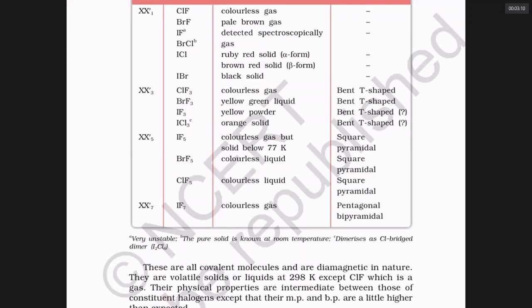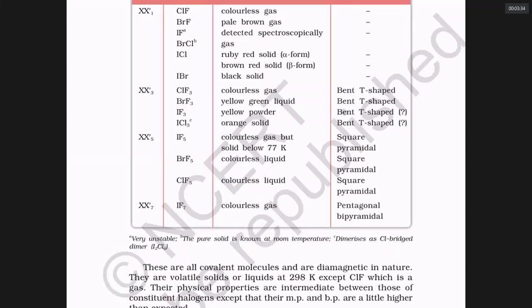Notice, the last one is only gas. The last but one can be liquid at most at room temperature. Then in XX'3, only ICl3 and IF3 are solids. And in XX' type, either ICl or IBr are solids at room temperature. As the number of halogen atoms increases, they become more and more covalent.